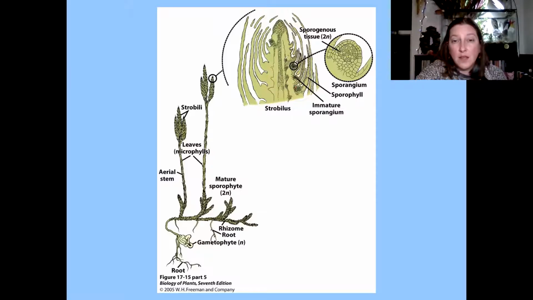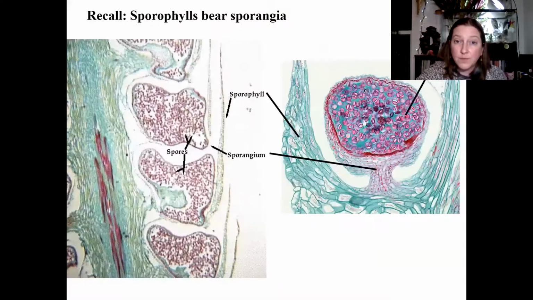If we were to zoom into one sporangium, it would be things we're used to seeing: sporogenous tissue that's diploid, that's going to undergo meiosis to make spores. That part we're used to. So just note that the sporangia are on sporophylls.